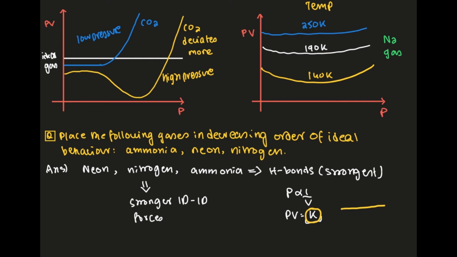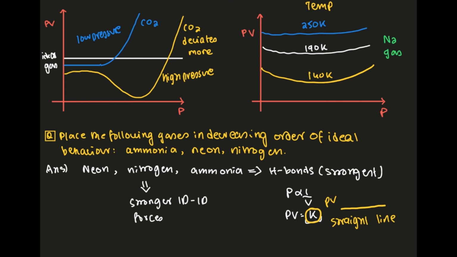So when you plot PV, it has to be a straight line. Now at higher temperatures, this becomes more and more like a straight line. So that shows you that as you increase your temperature values, nitrogen or any other gas is going to become more ideal, and we have the reason for that before.